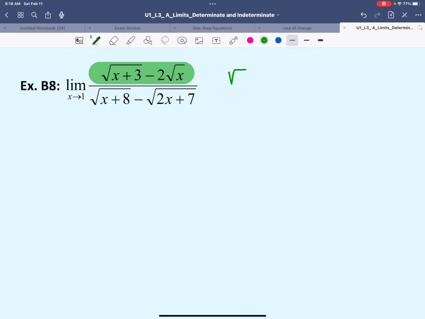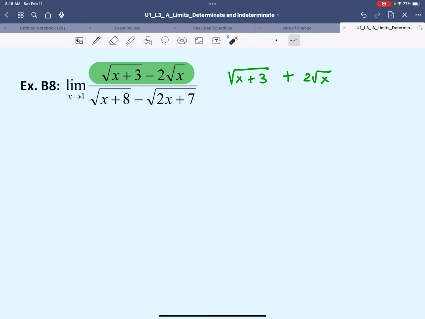Remember that the conjugate of this binomial would be the exact same binomial, but instead of minus, we'll have to use the opposite. So x plus 3 and 2 root x in here, and instead of a minus, we'll have to have a plus. If we had a plus in here, then the conjugate would have had a minus, right?